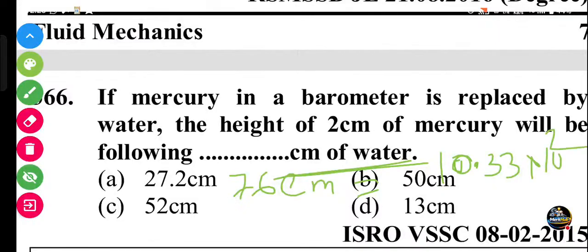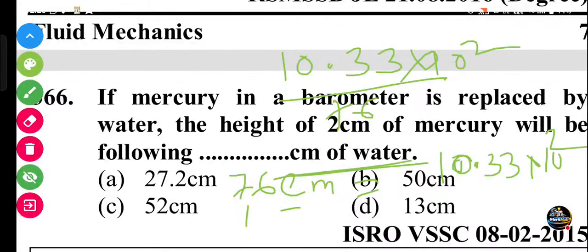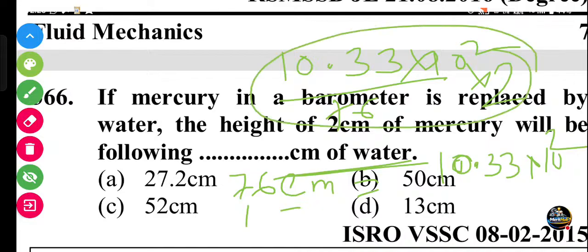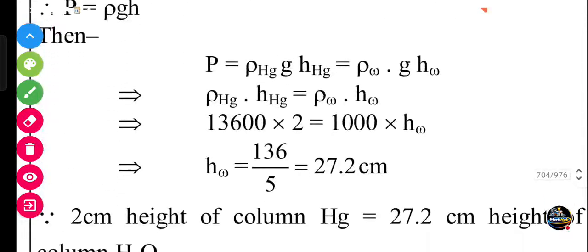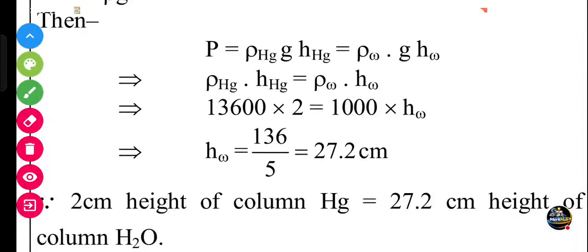So 1 centimeter equals 10.33 into 10 to the 2 divided by 76, and for 2 centimeter multiply by 2. You can easily get the answer. Let's check the answer: it is 27.2 centimeter.